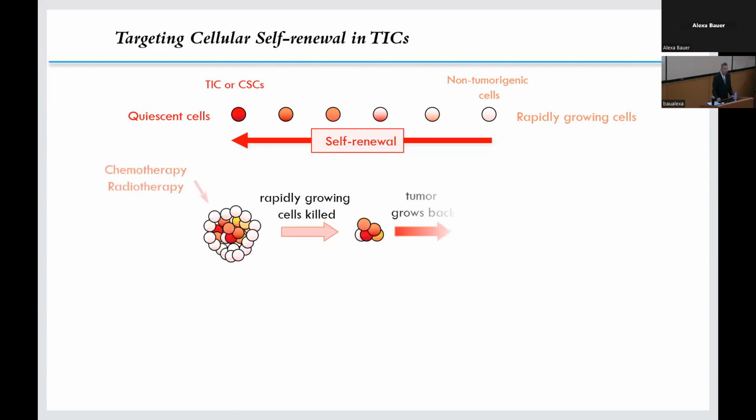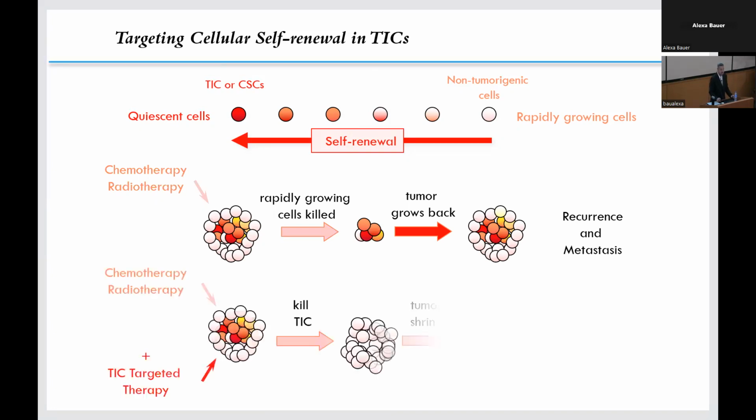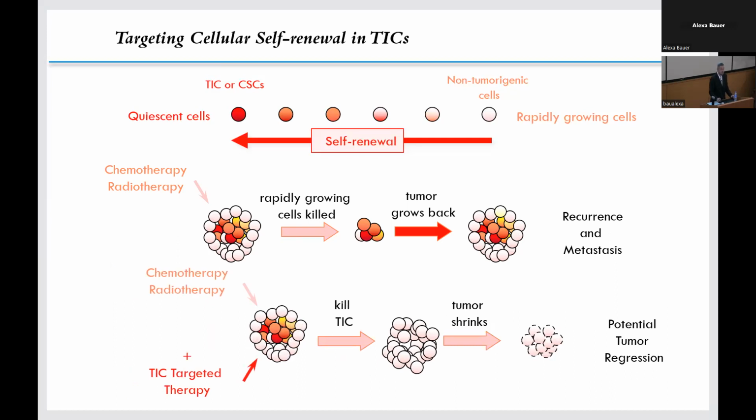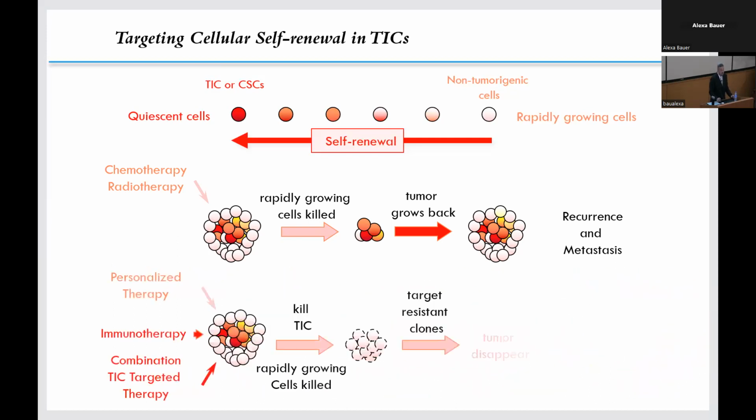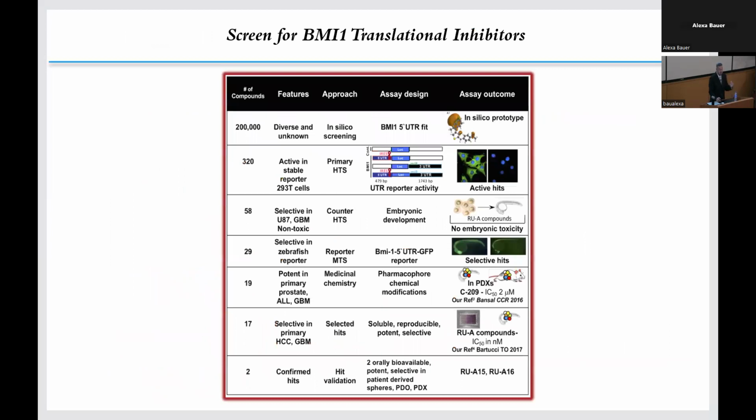So what we think is happening in the clinic, with the current therapies, with chemo and radiation, you modulate the proliferating cells that are away from the quiescent cells. This leads to some tumor shrinkage, then the cells come back. If you add targeted therapy to that, you might have some effects on these cells. The ultimate cure will be a combination of personalized therapy, immunotherapy, and these types of targeted therapies.